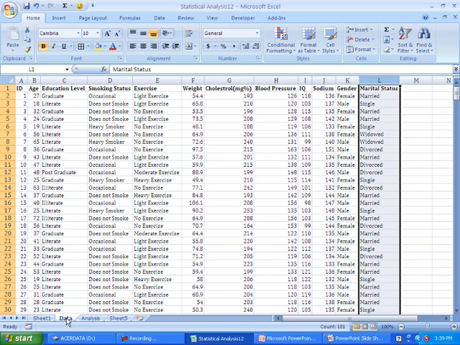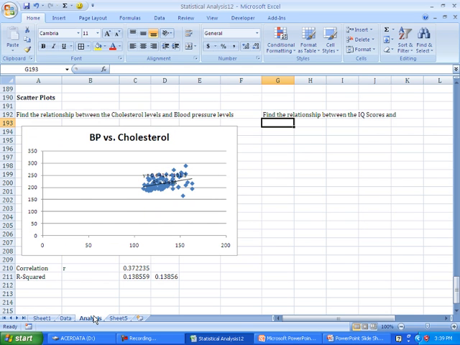Find the relationship between the IQ levels and the blood pressure.